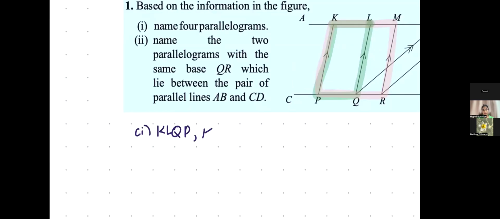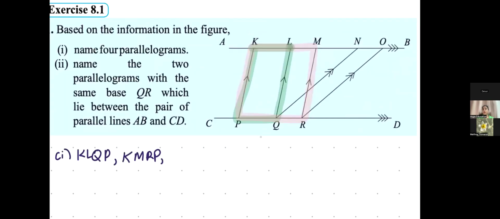So here we started from K, KMRP. So KMRP, okay. What else? Go quickly, tell. What else? We need 4. LMRQ. Let's see.